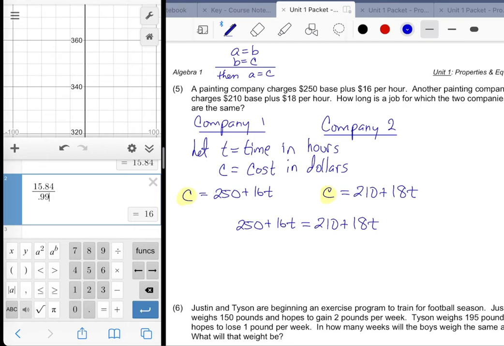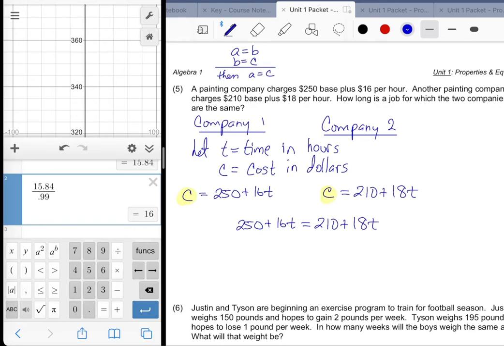It should make sense because if I tell you that two numbers are equal and then you have another pair of numbers that are equal to the first pair of numbers, then they should all be equal to each other. So that's what's happening here. It allows us to replace one of the C's with the other expression.